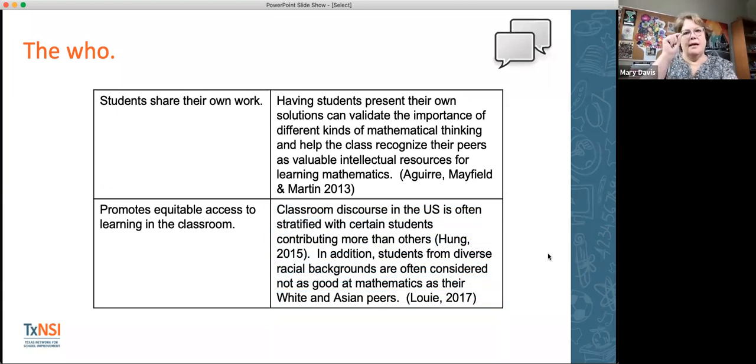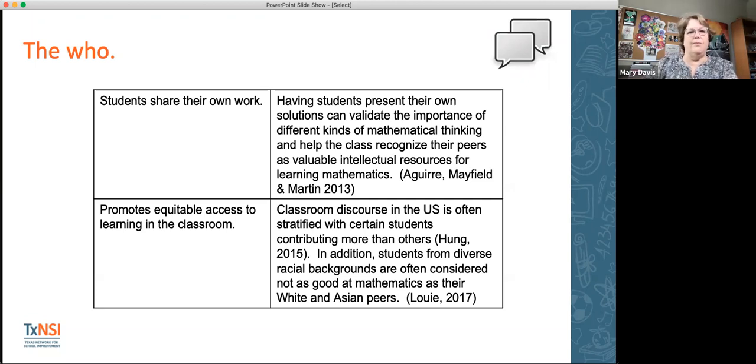Do you know that as recently as 2015, that's only 6 years ago, which is not much time in data or research base, classroom discourse in the US is often stratified, with certain students contributing more than others. Still, in 2015, we weren't allowing other kids to share. It was just calling on the same ones over and over again.